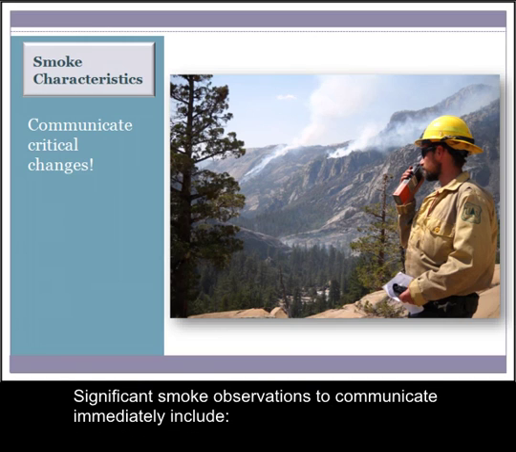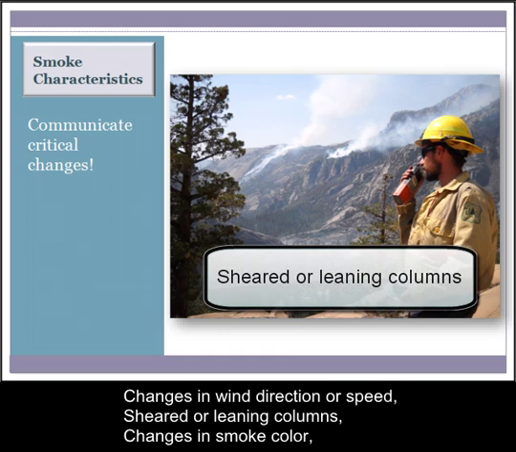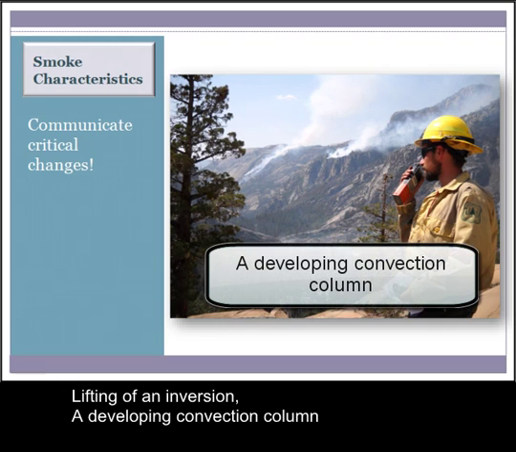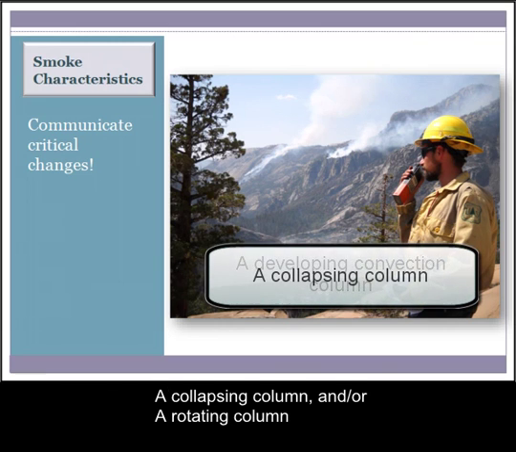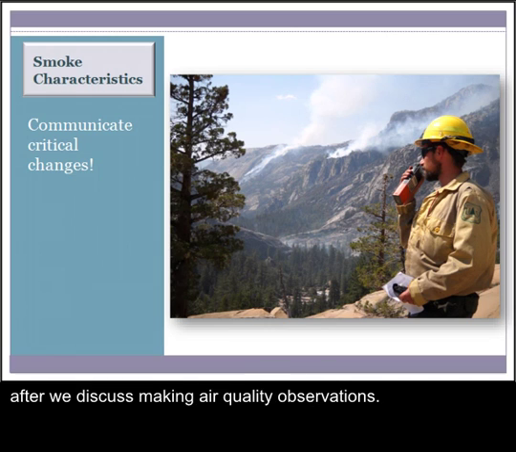Significant smoke observations to communicate immediately include changes in wind direction or speed, sheared or leaning columns, changes in smoke color, lifting of an inversion, a developing convection column, a collapsing column, and/or a rotating column. We'll also discuss documenting these observations for your report at the end of this lesson, after we discuss making air quality observations.